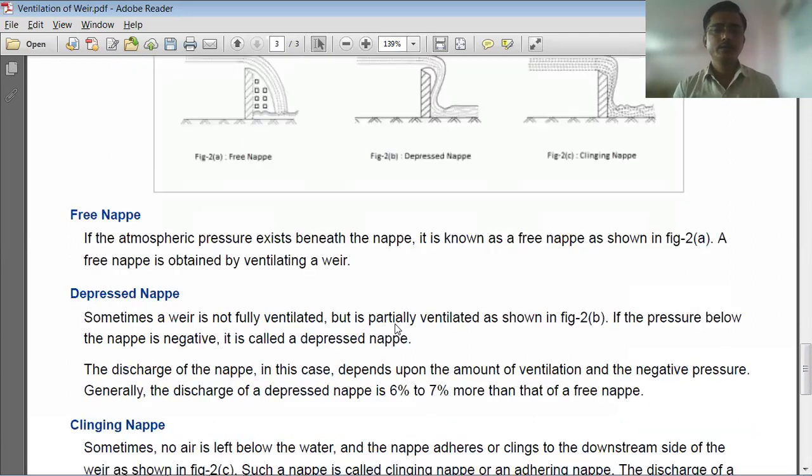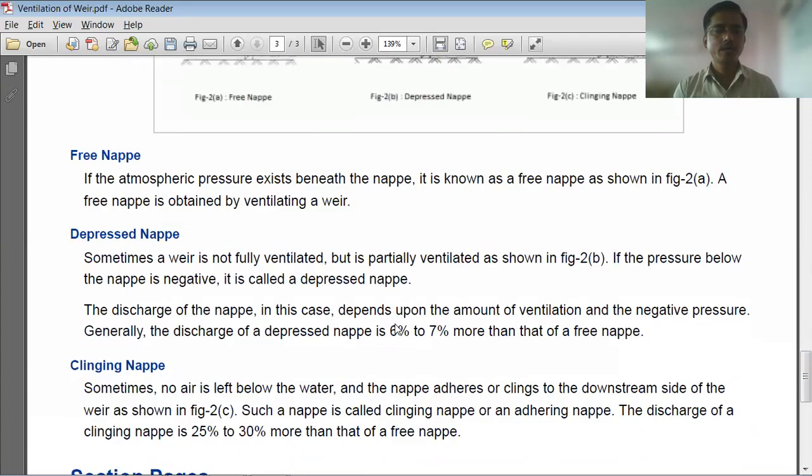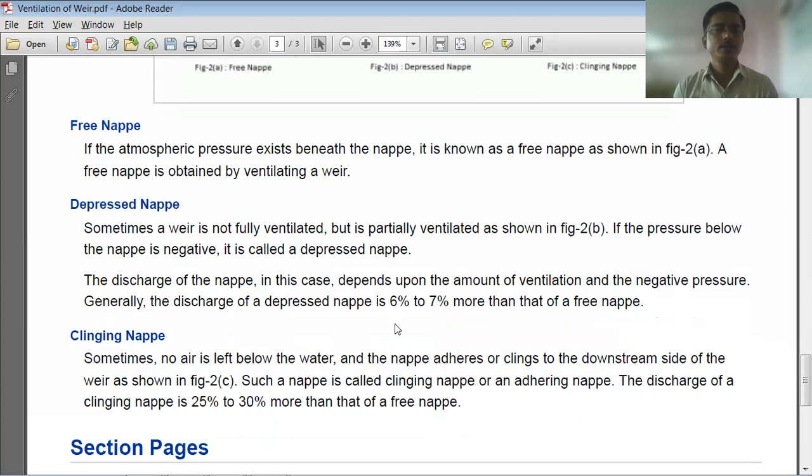So you can write down the definition of these different types of the nappes: free nappe, depressed nappe, and clinging nappe.